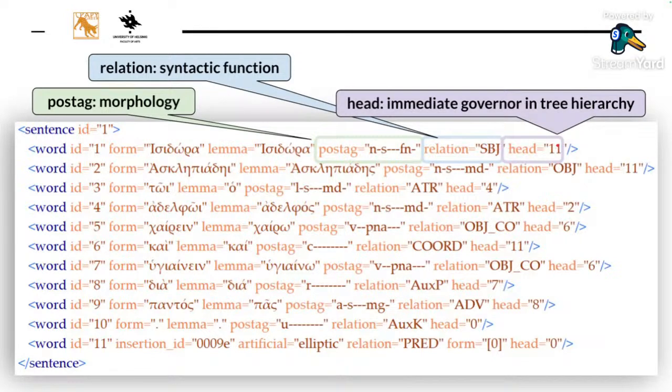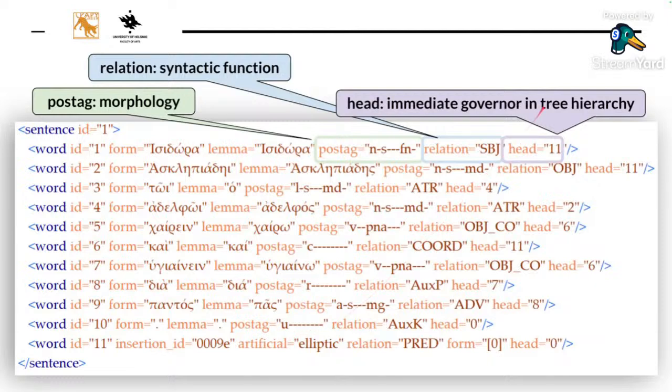And the head attribute is the thing that tells you which the governor of this word is in the tree hierarchy. So, for example, here, Isidora is governed by head number 11, and we can go in the sentence and see which word is word 11. That is an artificially added word because there is some sort of ellipsis in this sentence that we needed to overcome by adding this artificial token.